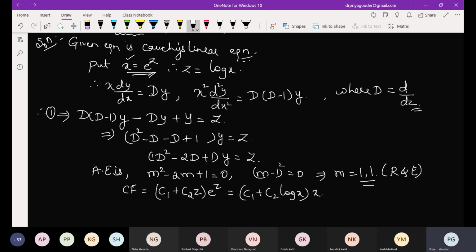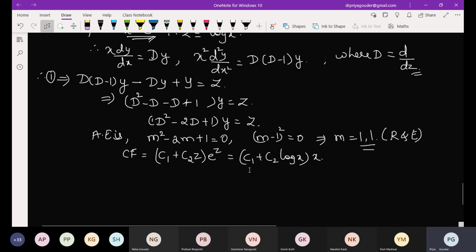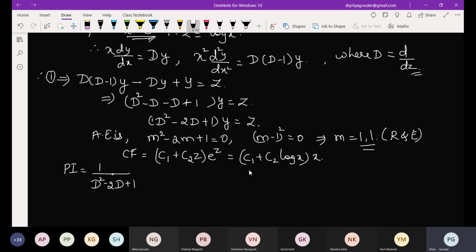Find it by the usual way and substitute back the value of z so that your answer is done. What is the next part? PI. How to write it? 1 upon d square minus 2d plus 1 operating on which function here?